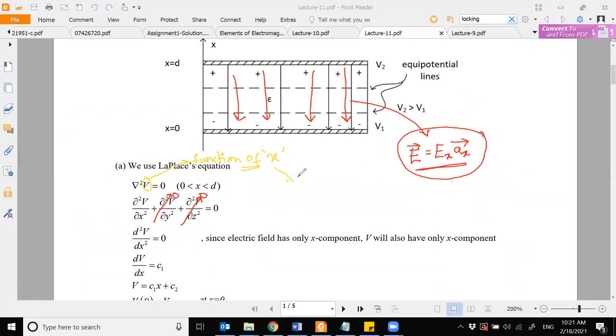Why? Because we know that E bar is equal to minus del V. So if the electric field has only the x component, then my potential will also be only a function of x. Am I right? Did you get my point?